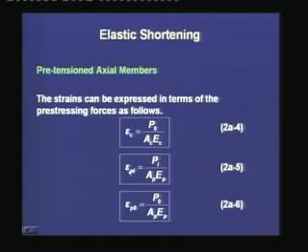Epsilon Pi is given by the initial prestressing force which is applied by the jack, divided by the prestressing steel area and the modulus of the prestressing steel. And epsilon P0, which is the residual strain in the prestressing steel, is equal to the residual prestressing force P0 divided by the area of the prestressing steel and the modulus of the prestressing steel.